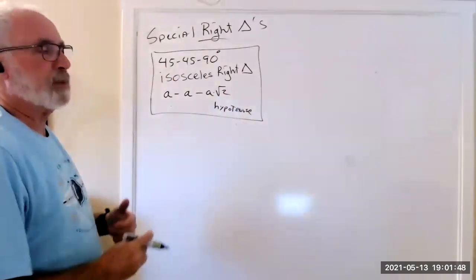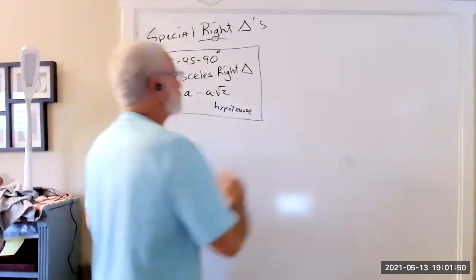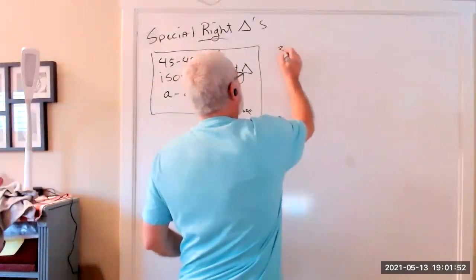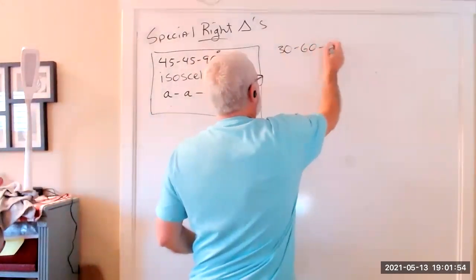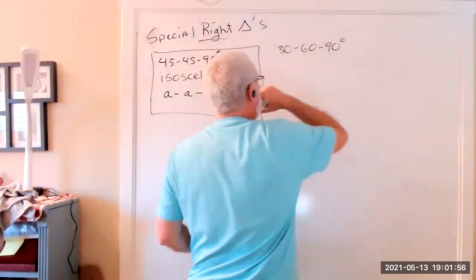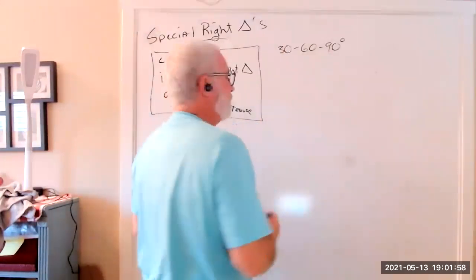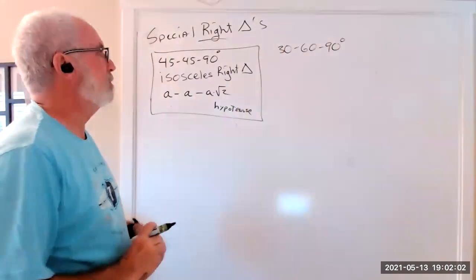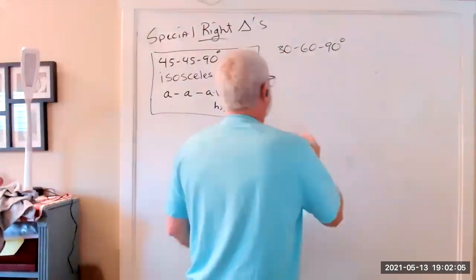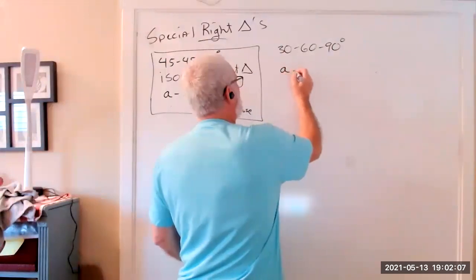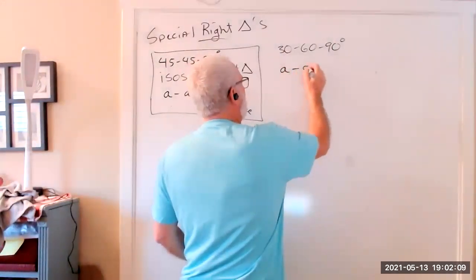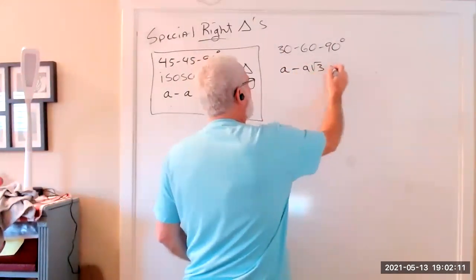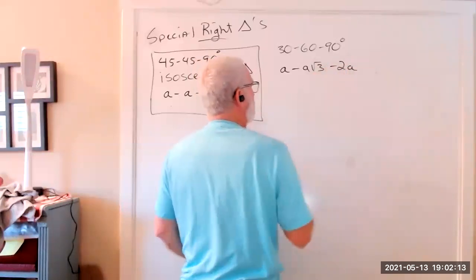Now we're going to get to special triangle number 2. And it's called a 30, 60, 90 triangle. And it doesn't have any special name. But its pattern is A, A radical 3, 2A.